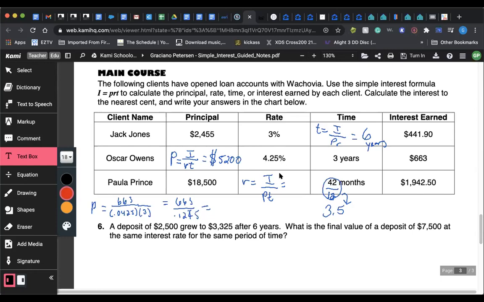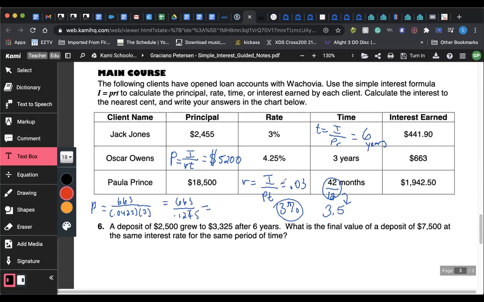Right, so your rate is 0.03, which we write as 3%. We write it as 3% because we don't write the decimal in the table. We should write 3% in the table, but yes, very good.